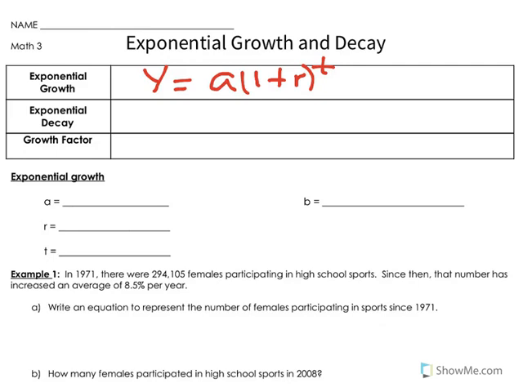For exponential decay, it is y equals a(1 minus r) to the t. So those two formulas are very similar, just one is 1 plus r and the other one is 1 minus r. The growth factor formula is y equals a times b to the t.